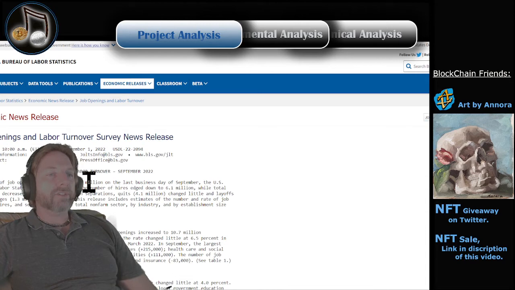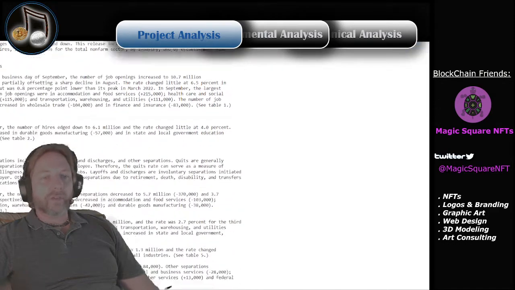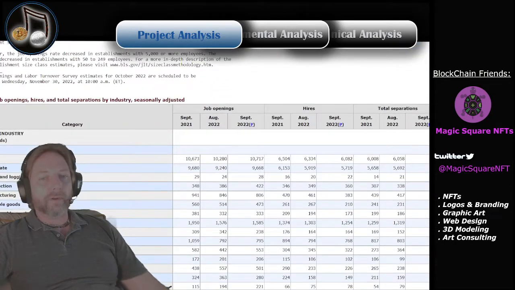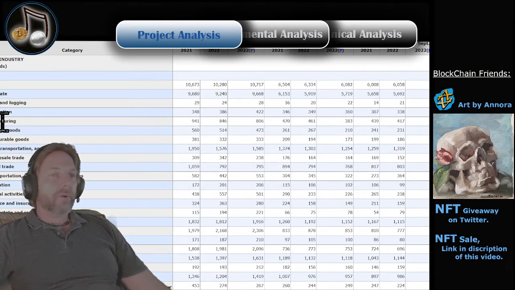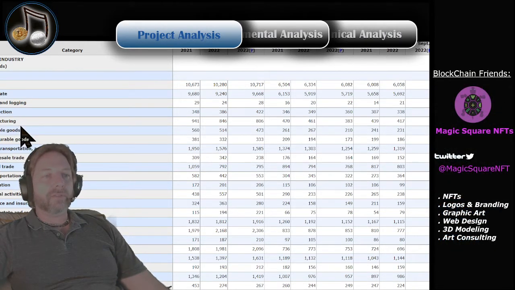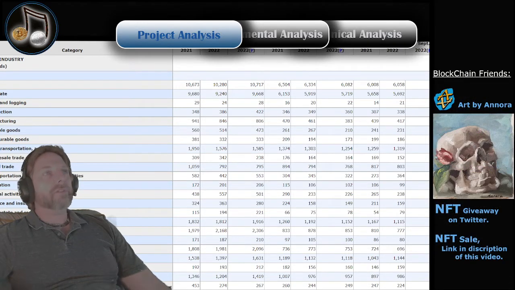JOLTS actually stands for Job Openings and Labor Turnover Survey. So this is a survey of the job openings for America. This gives you a breakdown of exactly what industries have job openings. Now, one thing to note is we have a manufacturing category here. If we start to see job openings increase in the manufacturing sector, this could actually be a good sign even in an inflationary environment.